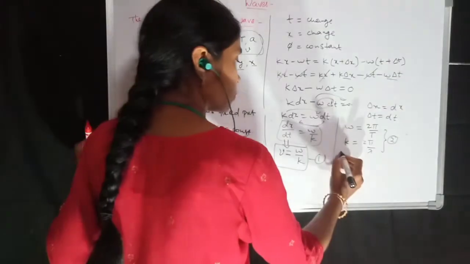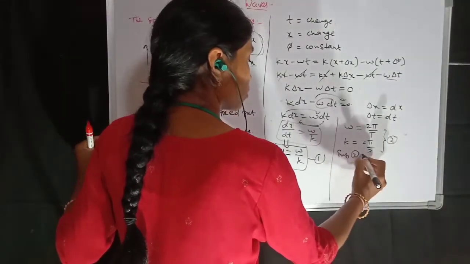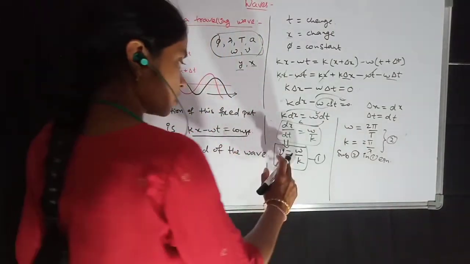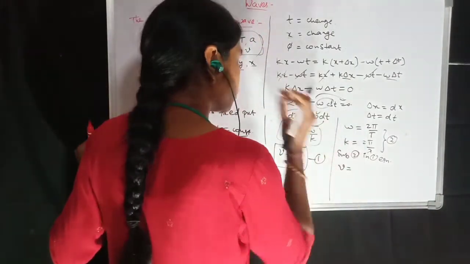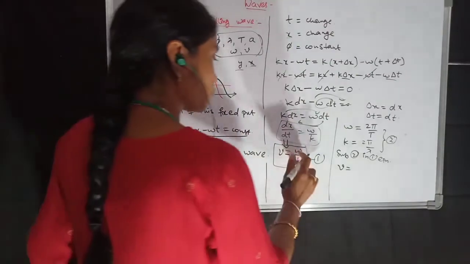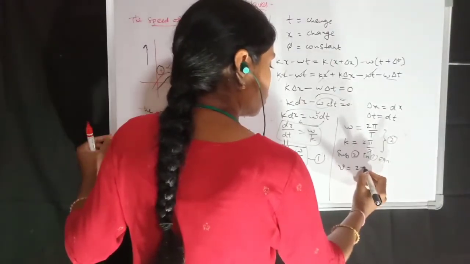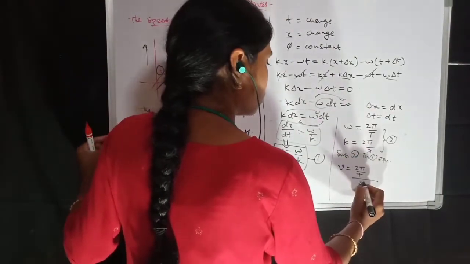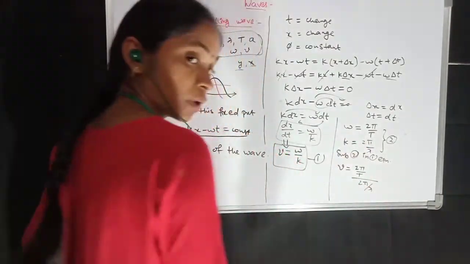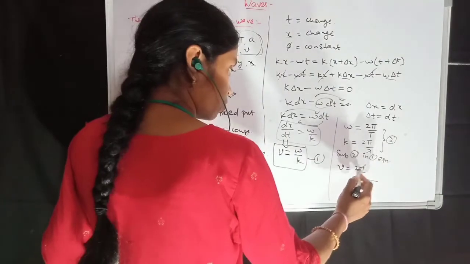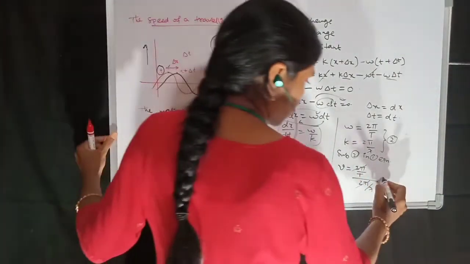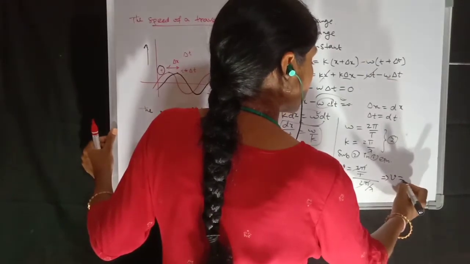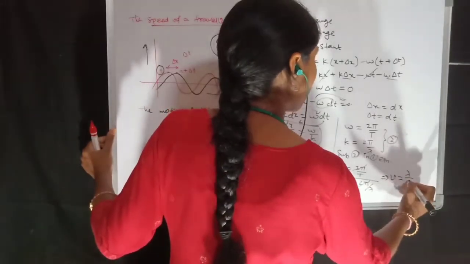Now substitute the second equation in the first. Therefore the speed of the wave is equal to omega, which is 2 pi by T, divided by k, which is 2 pi by lambda. Now you can cancel the 2 pi, and we are left with the speed equal to lambda by T.